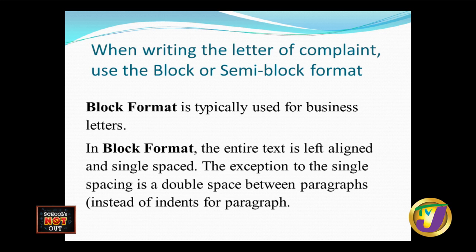As Sharika said earlier, the letter of complaint is a formal letter. Yes. We know that when we are writing formal letters, we have two styles, the block format and the semi-block format. Presently, it's the normal accepted form now to be using the block.